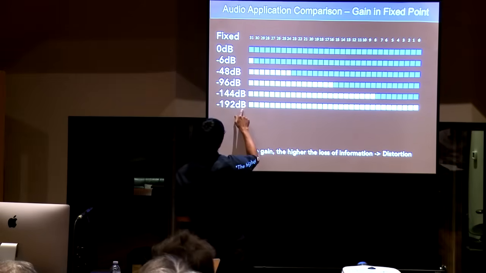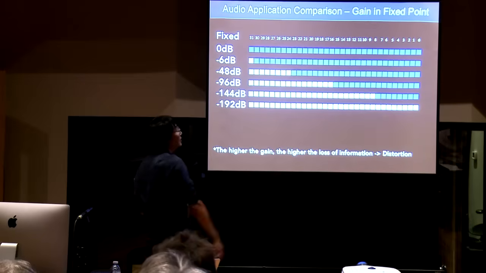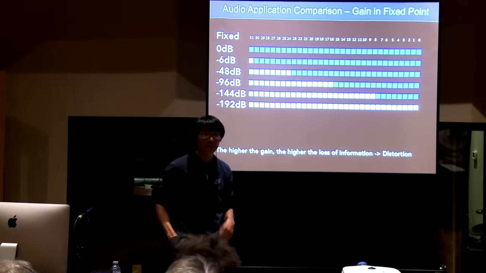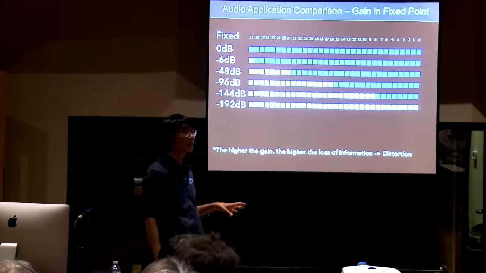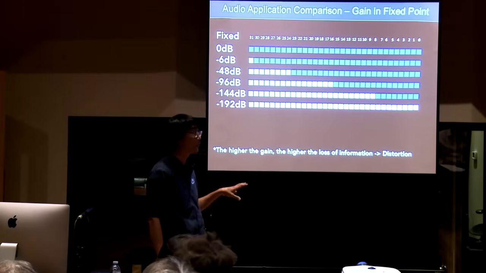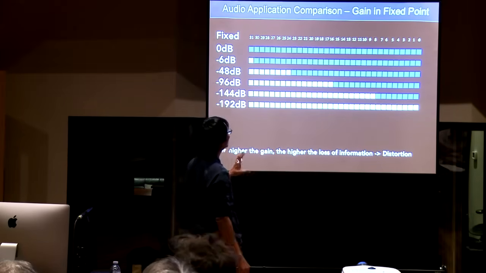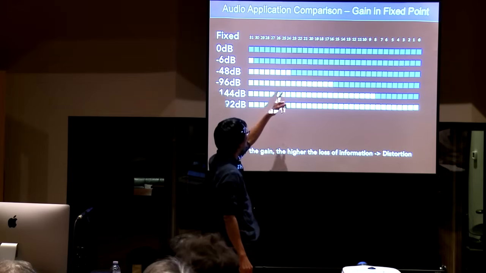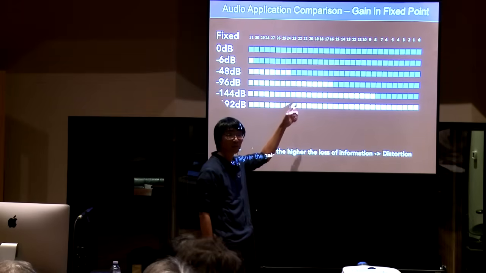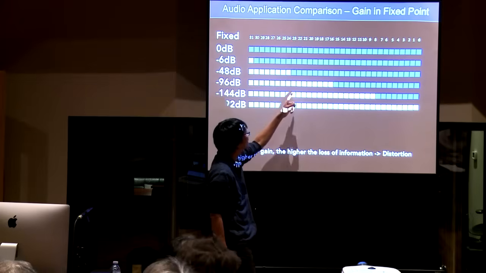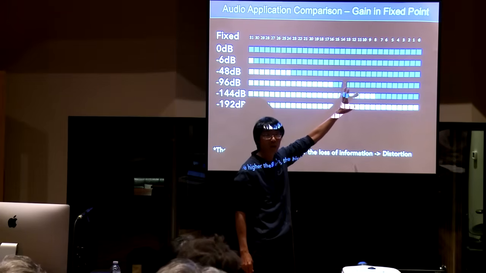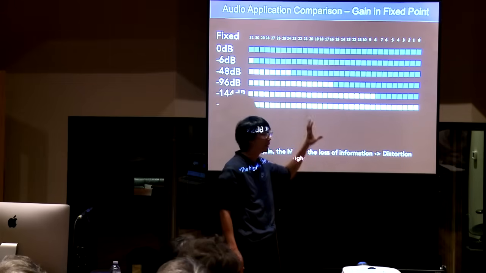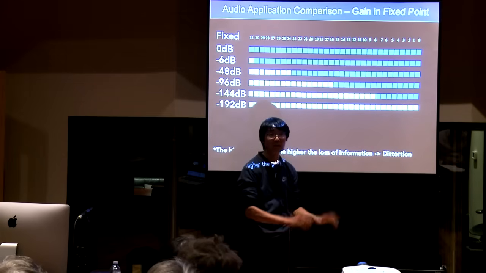And if you go to the extreme, 192 dB, you lose everything. And that's fixed point. So you have to be very, very careful with the gain structure of fixed point. In this case, normally I would say 48 would be pretty much the maximum. If you go any further, your signal representation is getting lower and lower, and eventually it will be gone.